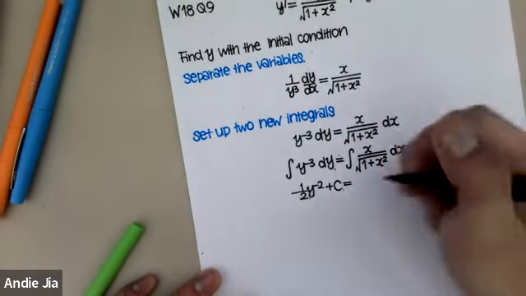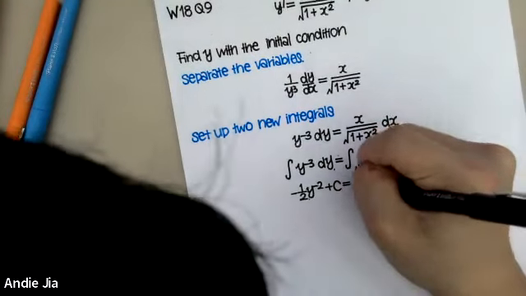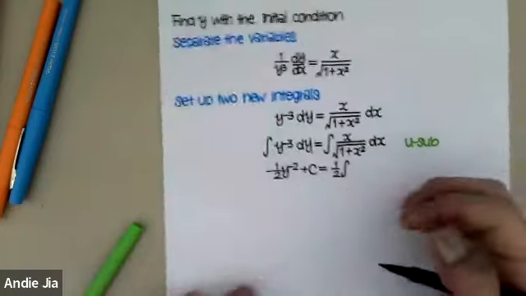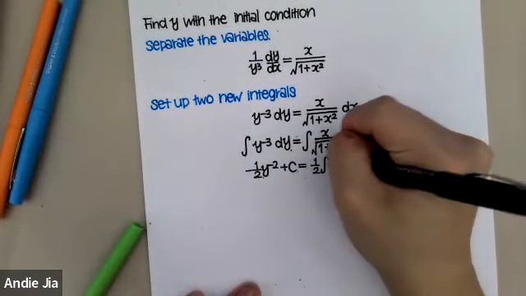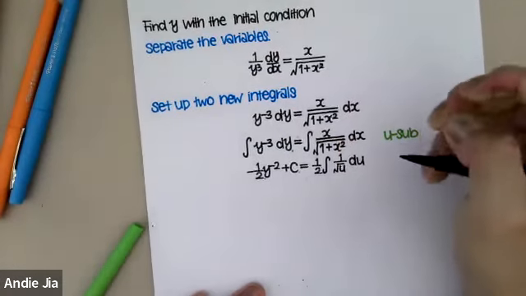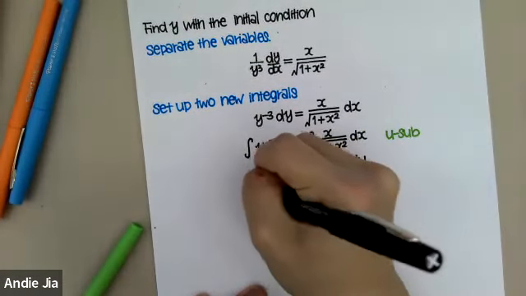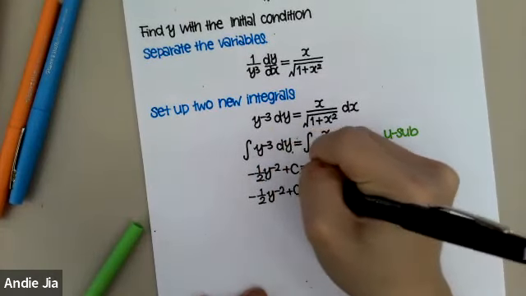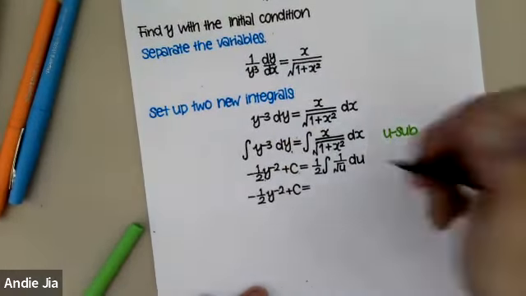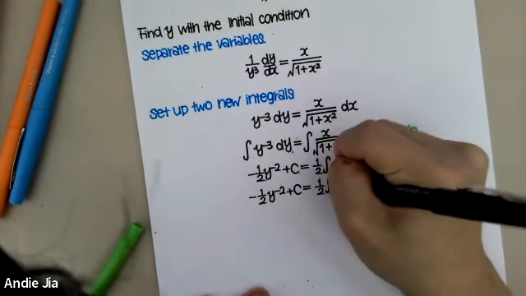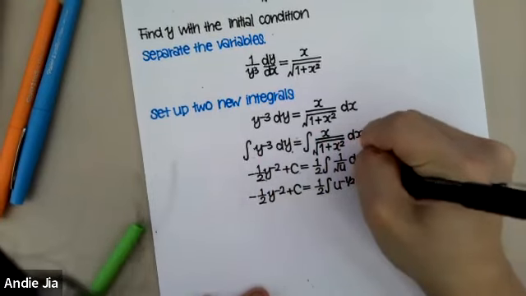We have 1/2 the integral of 1 over square root of u du, so 1/2 u to the negative 1/2 du.